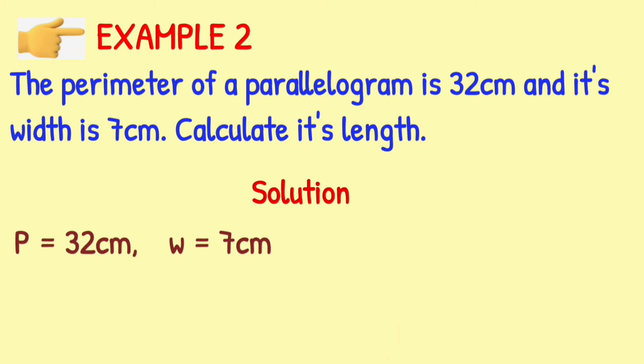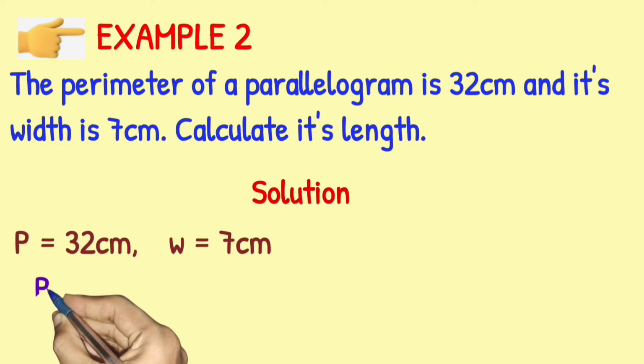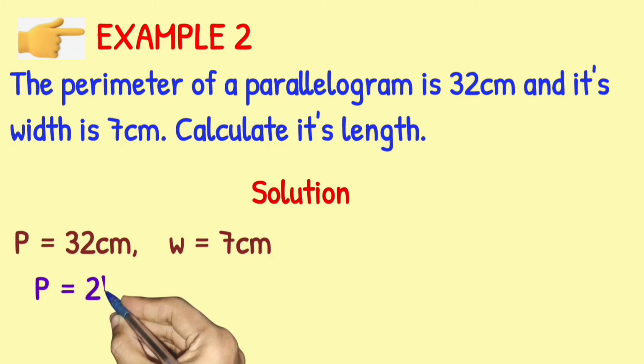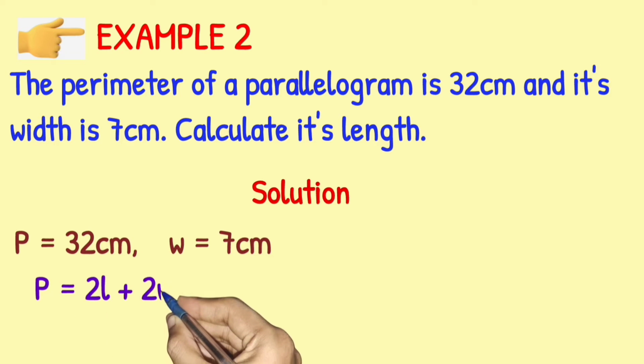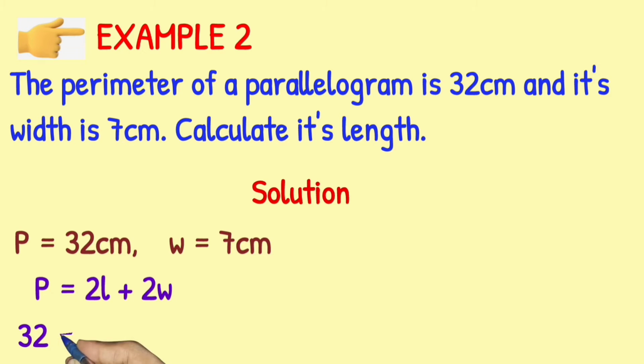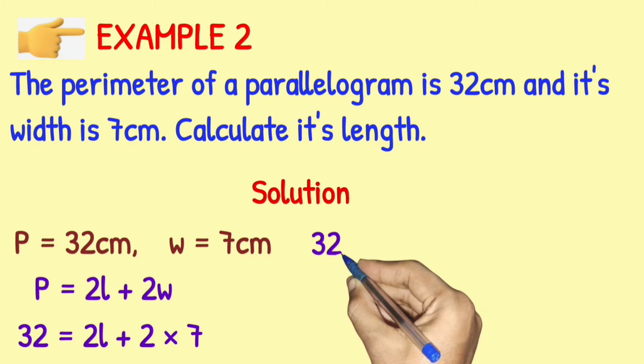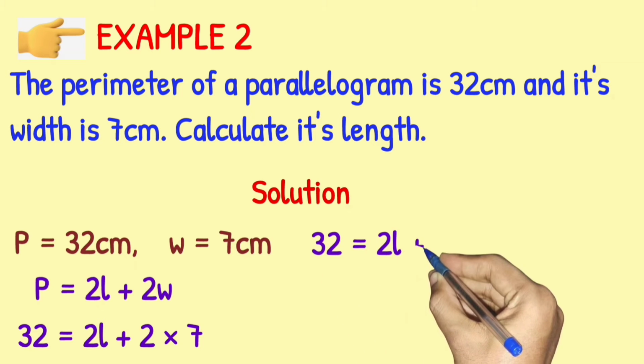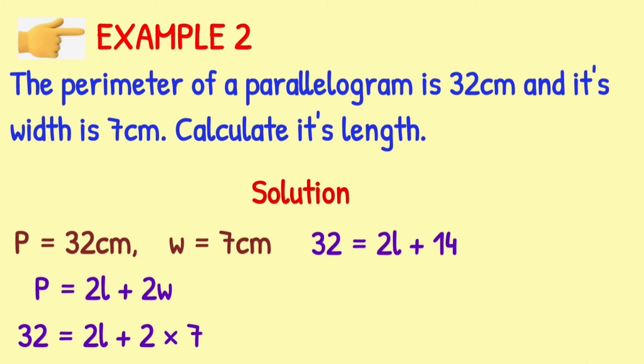To find the length of the parallelogram, use the formula P equal to 2L plus 2W. When you plug in the given values, you will have 32 is equal to 2L plus 2 times 7. 2 times 7 is equal to 14, so 32 will be equal to 2L plus 14.